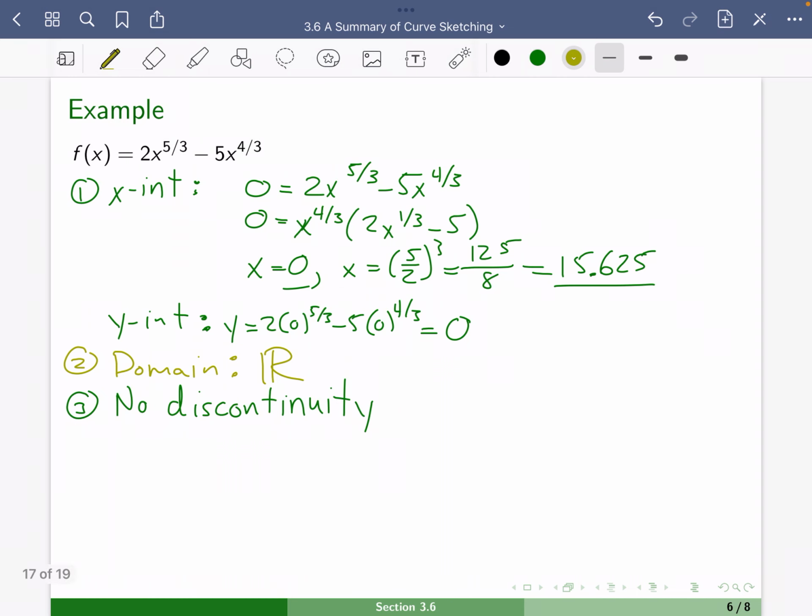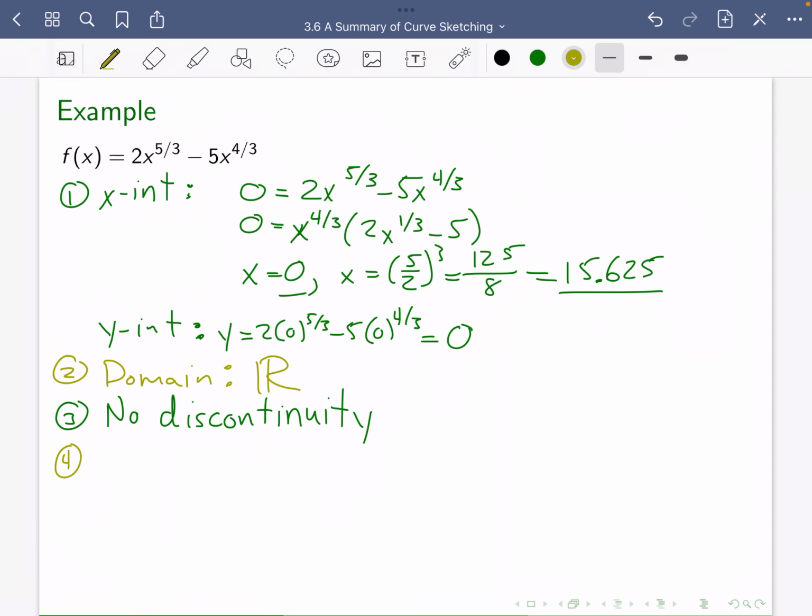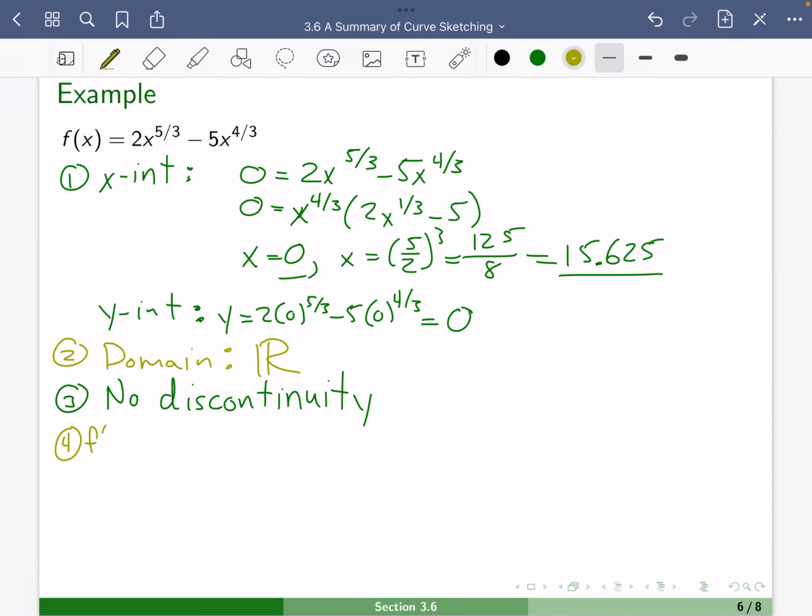Now let's think about intervals of increasing and decreasing. So let's look at our derivative. Our derivative is going to be 10/3 x to the 2/3 minus 20/3 x to the 1/3, which we could factor out of that 10/3 x to the 1/3.